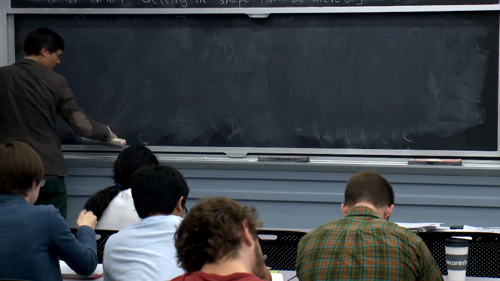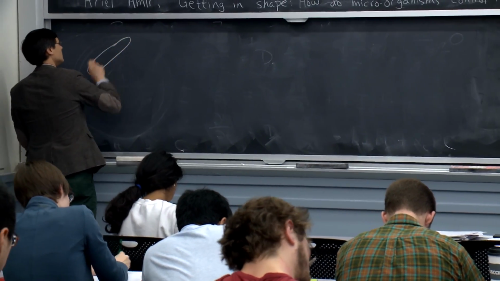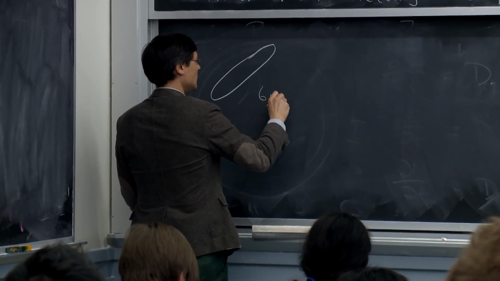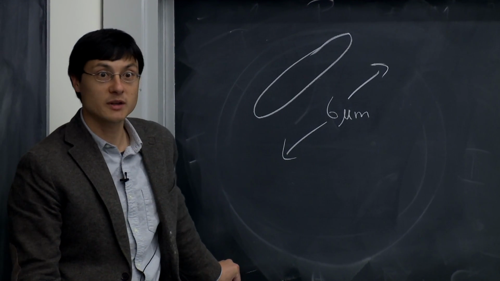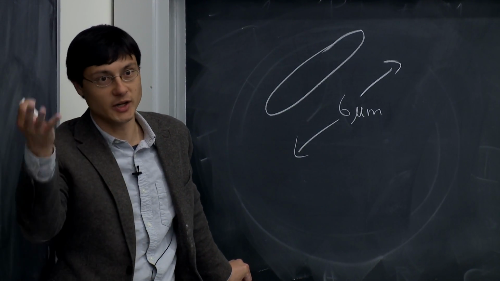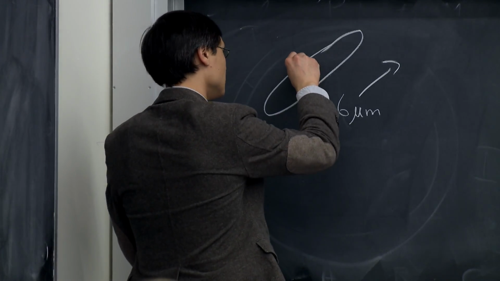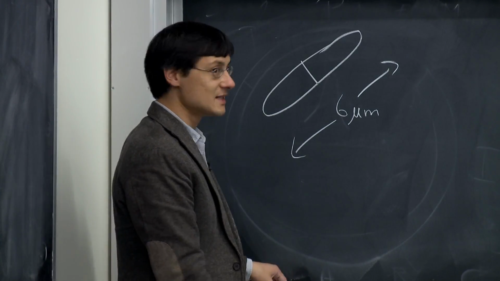So you imagine that you're some E. coli cell. You're maybe 6 microns long. Everything is great, and you want to divide. Where would you like to divide if you're an E. coli cell? Middle. OK, so what you'd like to do is go here. Indeed, what happens is that there's this so-called Z ring.